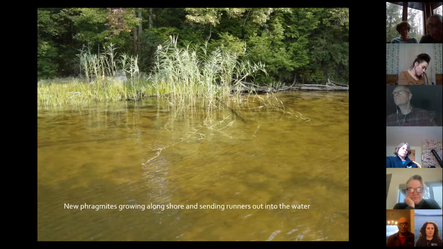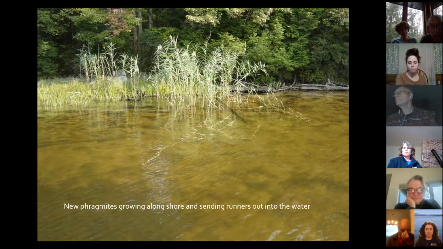So you want to keep an eye out for this one if it starts to colonize. And if you guys live on a road or have a culvert crossing coming into the lake, any of those locations, like a main road, any of those locations could potentially be fair game for Phragmites to come in. High traffic areas tend to move these plants.